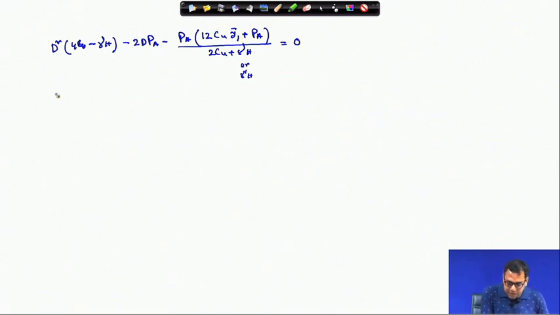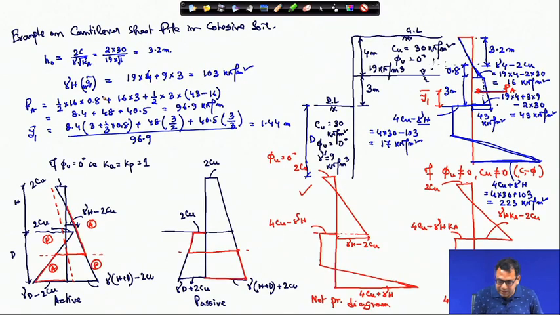So, the d is unknown. So, d square into 4 into 30, minus gamma h or gamma dash h, which I have calculated as 103. So, this is gamma dash h or q bar, 103.